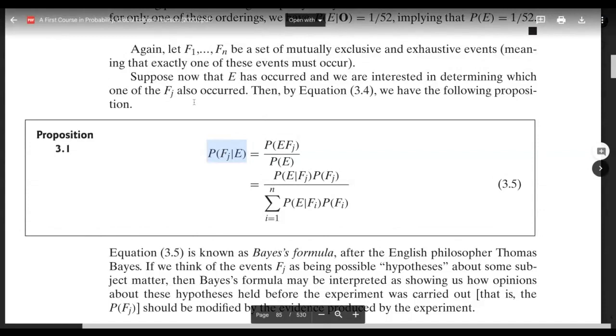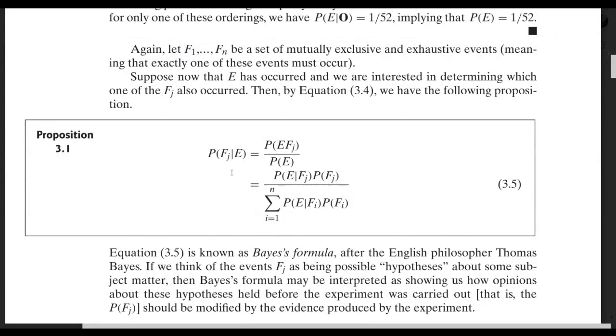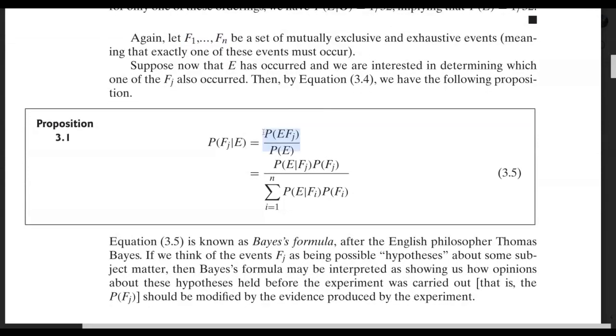Think about it, we have n events related with F. Intersection from this, from another formula.